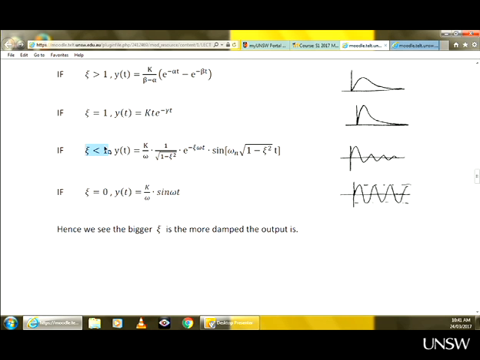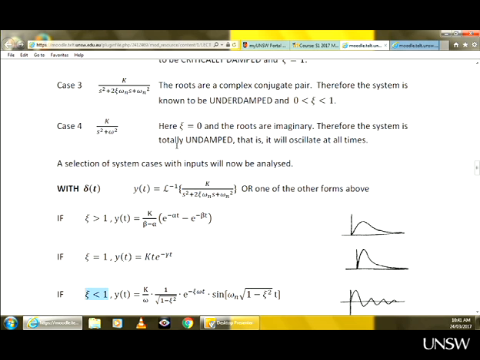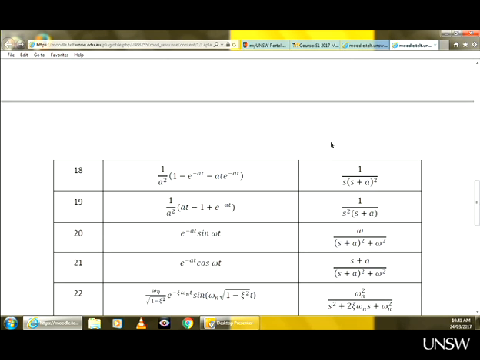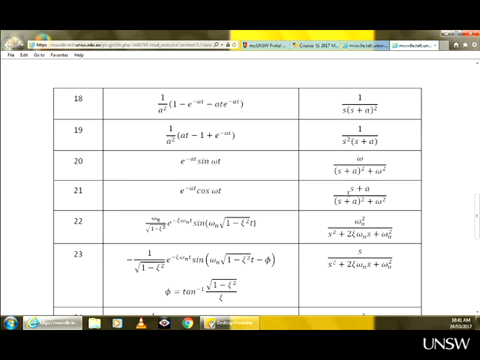Underdamped system. So damping ratio less than 1, greater than 0. Unit impulse is still our input. So this transfer function times 1, let's find the inverse Laplace transform. Did we say case 22 earlier? Case 22, which is this one.